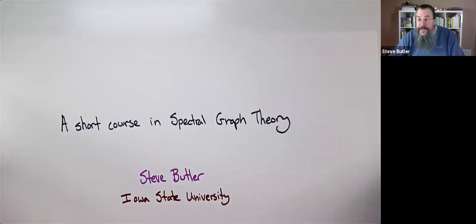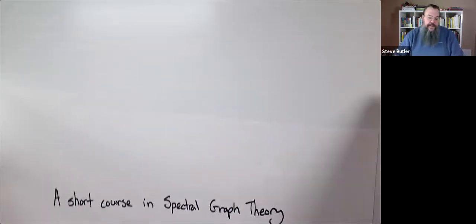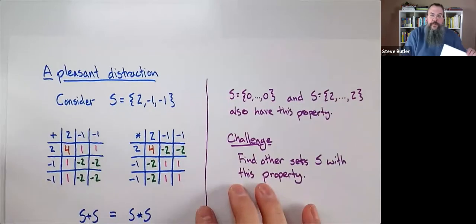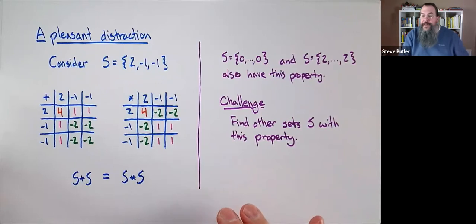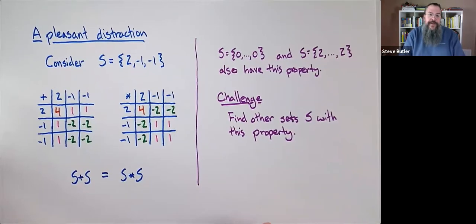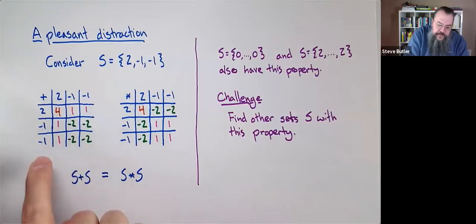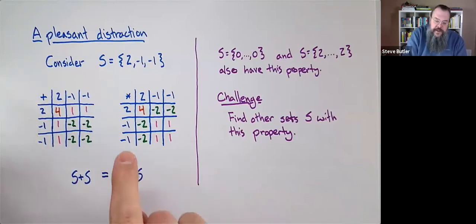Now, you might find yourself becoming distracted or losing interest. I hope not. But if you do, here's a pleasant distraction for you. Here's a small set, has 3 numbers in it: 2, -1, -1. It's a multiset. I've written here the addition table and the multiplication table.